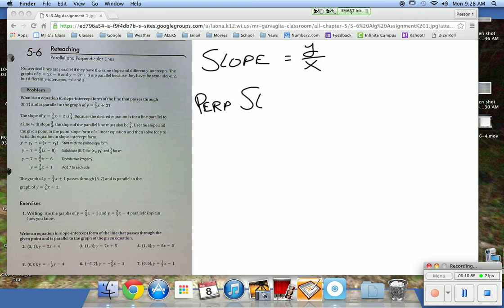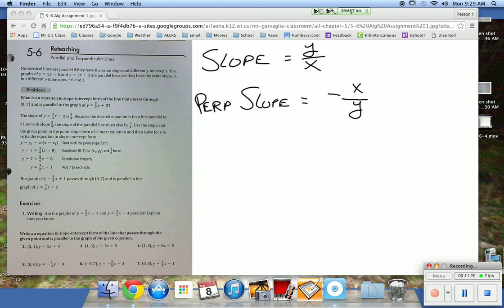Perpendicular slope equals a negative x over y. We flip it and we make it negative, and that gives us our perpendicular slope.